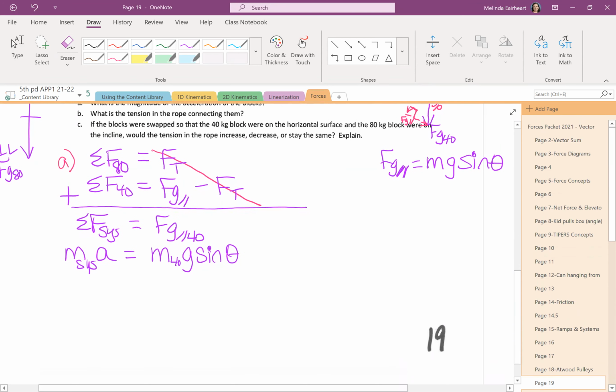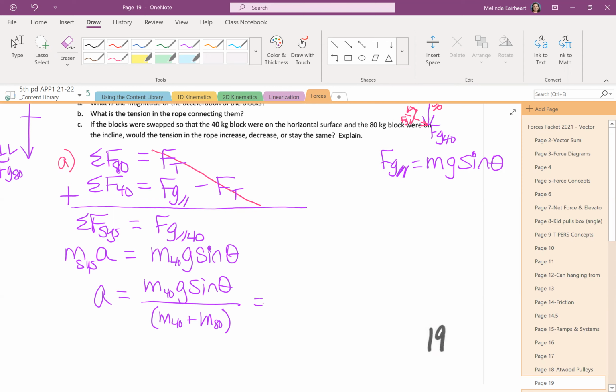And then to solve for acceleration, I'm going to take that M40 G sine theta and divide by system mass, but in this step, it's just the sum of the masses. So it's the M40 plus the M80. Now I'm not really plugging numbers in just yet, okay? Notice I got M40 top and bottom. Does it cancel? No, it doesn't cancel, okay?